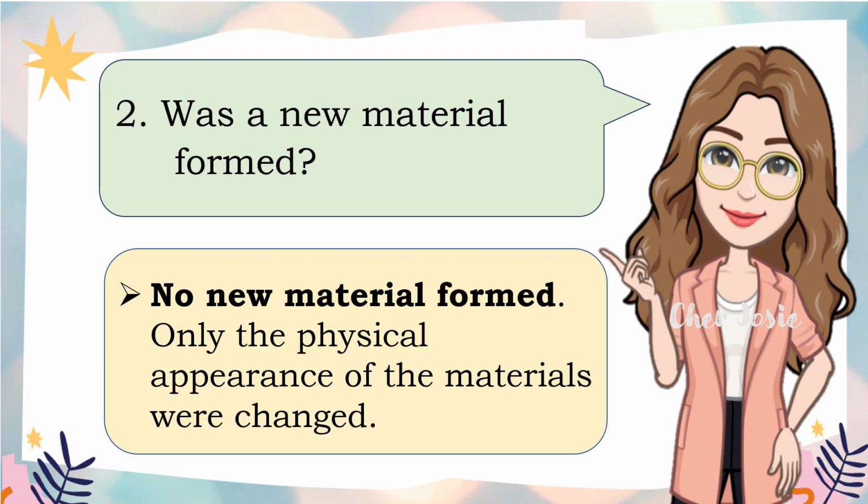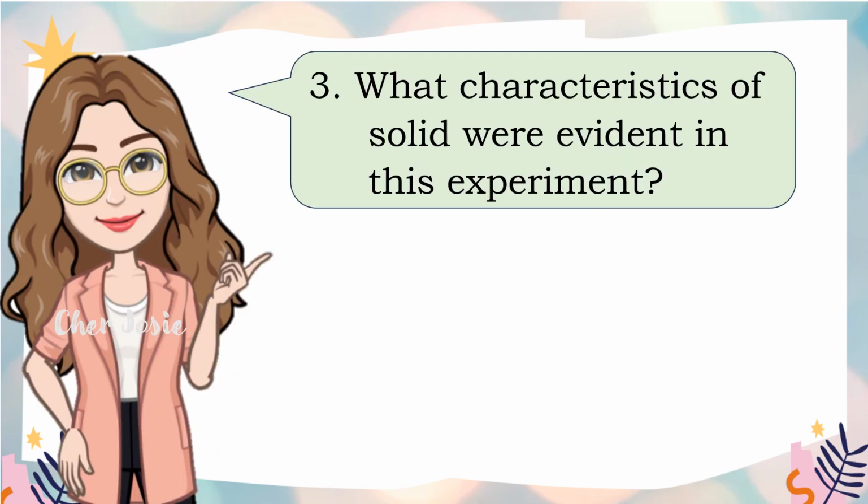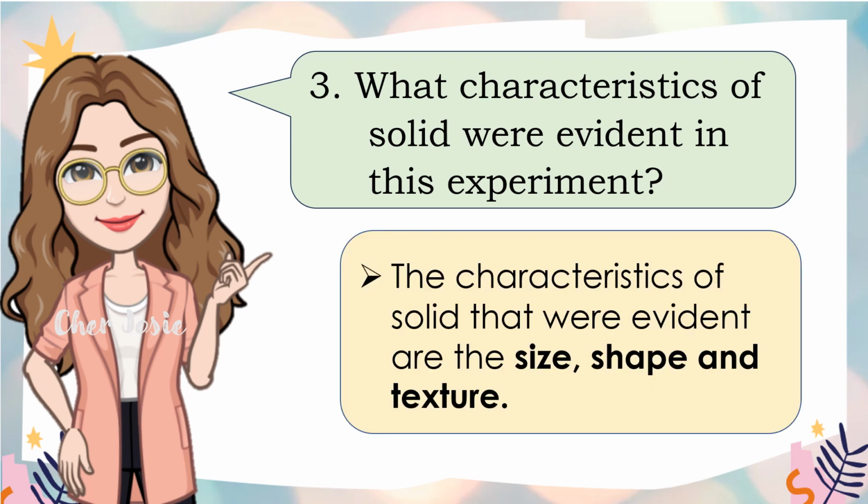Only the physical appearance of the materials was changed. What characteristics of solid were evident in this experiment? You're right. The characteristics of solid that were evident are the size, shape, and texture.